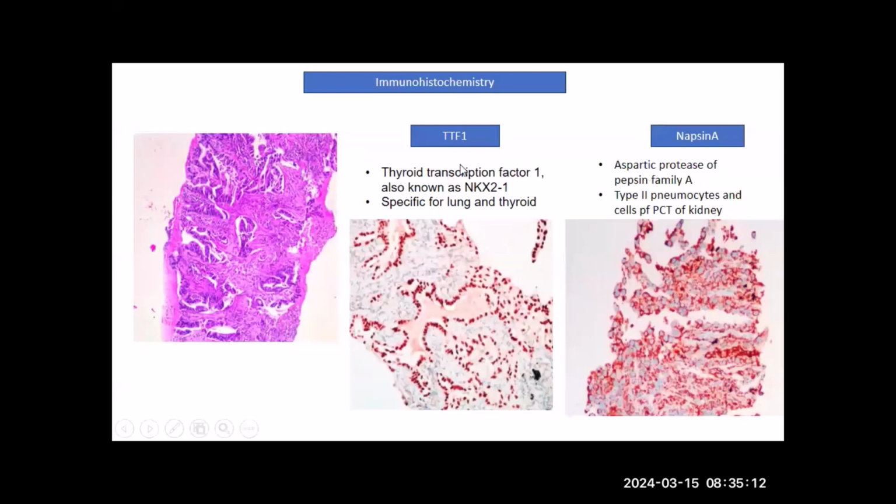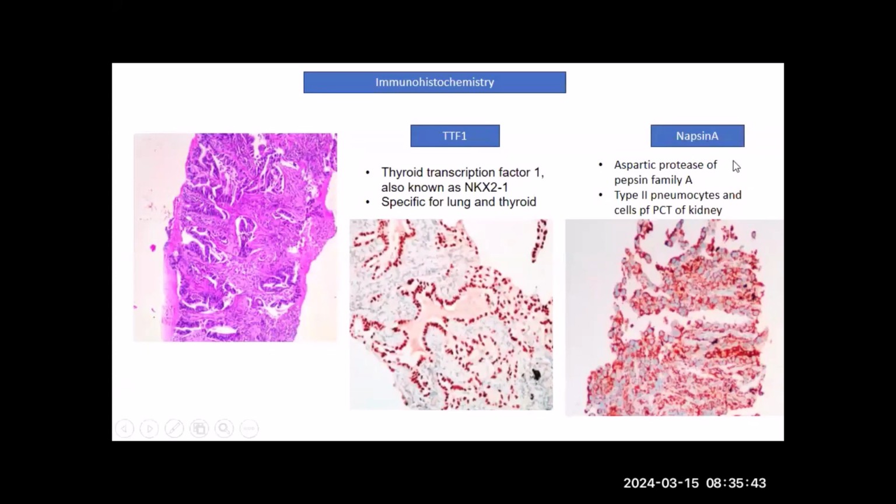TTF1 is a transcription factor, so it's specific for lung and thyroid. And since it's a nuclear transcription factor, the localization of that antigen is in the nucleus. Here you can see brown staining as dots. These dots represent the nuclei. So this tumor is TTF1 positive, so it's an adenocarcinoma. TTF1 is obviously seen in normal lung also.